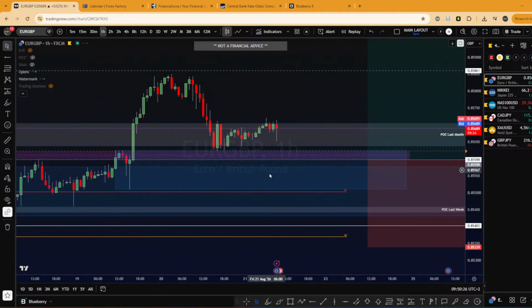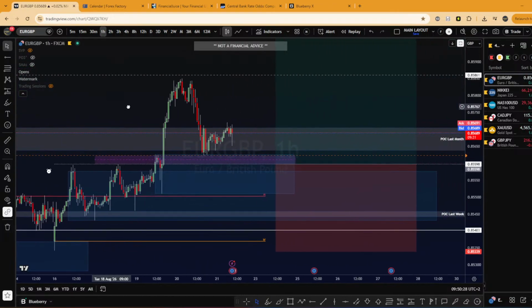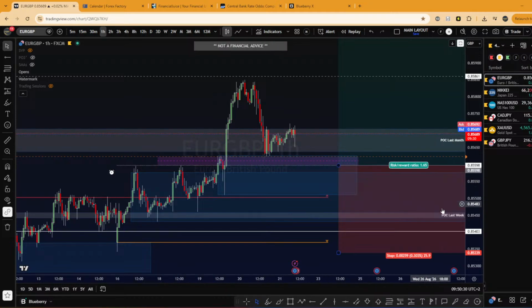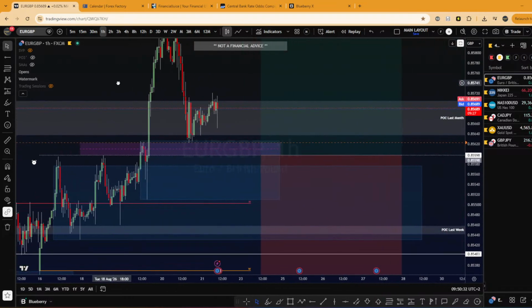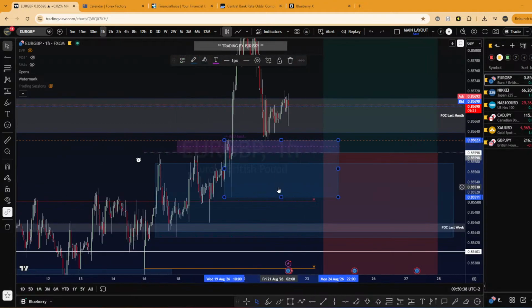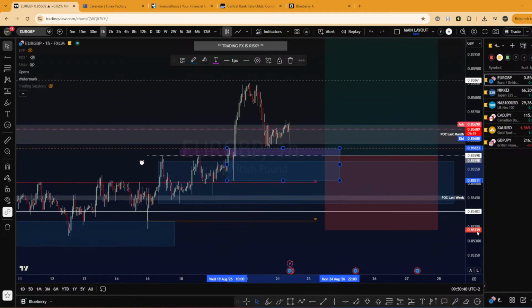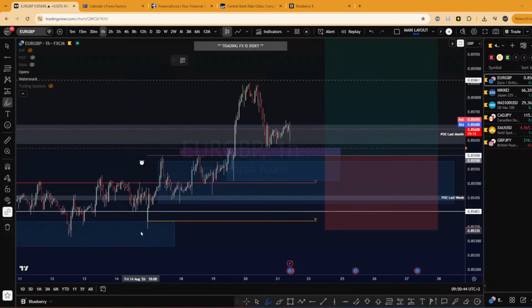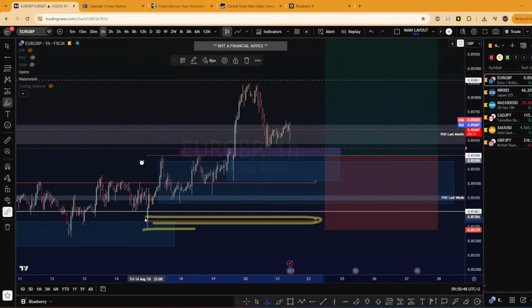Okay, 1 hour, nothing happened right now. So we have some other block here, if we retest. And my stop will be below this low, which is below the weekly open, which is my last line of defense.